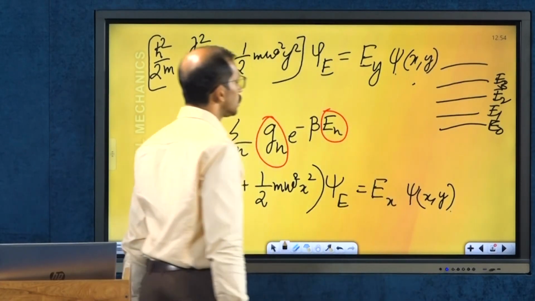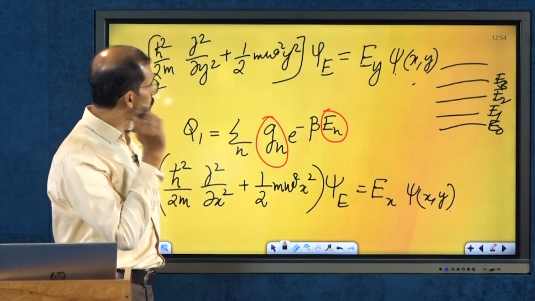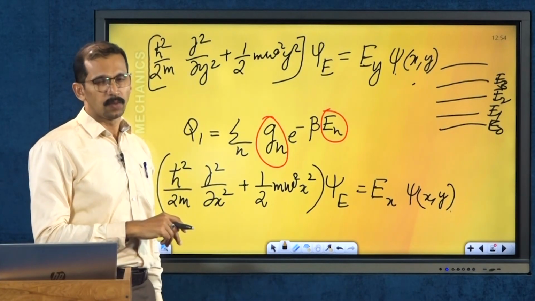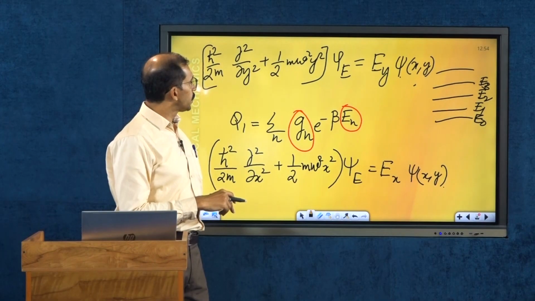So this is the Schrodinger equation corresponding to the y direction of the situation.